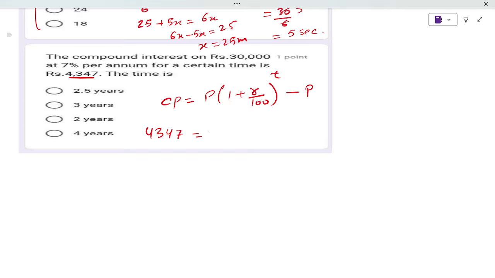4347 is equal to 30,000 times (1 plus 7 by 100) to the power of time, minus 30,000.